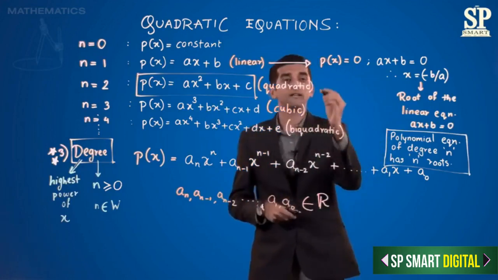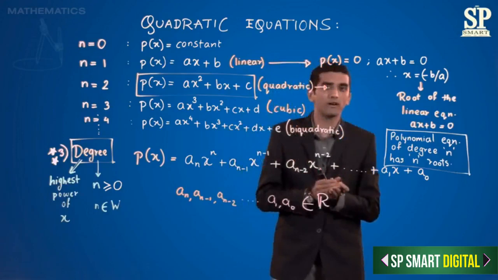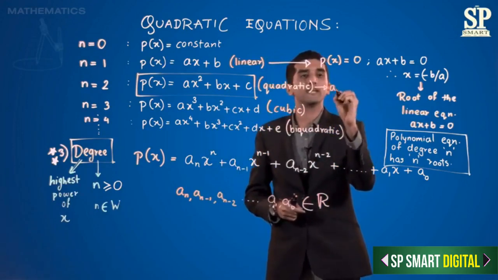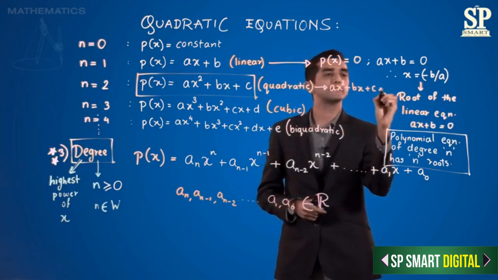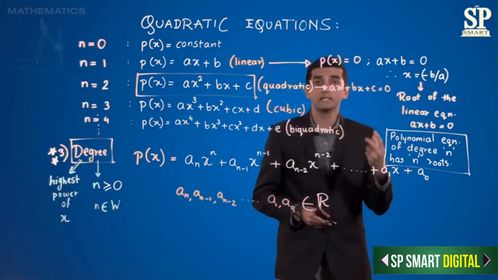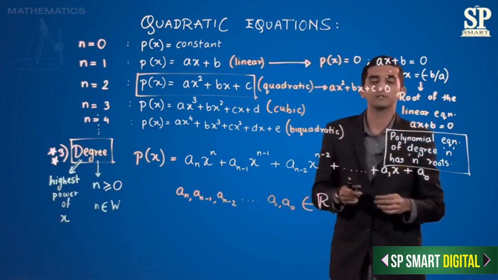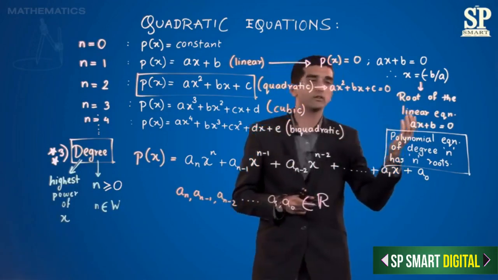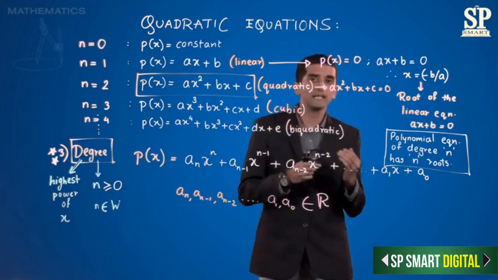We are going to learn in the coming slides, but for now let us just write down the quadratic equation for this polynomial, and that is going to be ax square plus bx plus c is equal to 0. And as I said, this 0 can be some other constant as well, which can come on the left hand side and merge with c, obviously changing the value of c, but again we will get a 0 on the right hand side, and this, my friends, is called a quadratic equation.